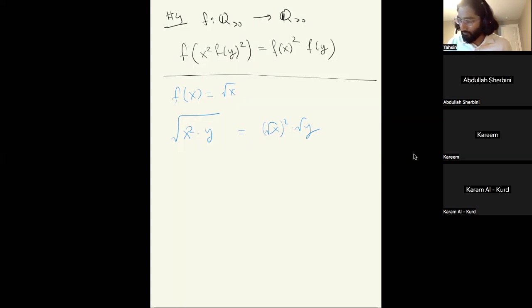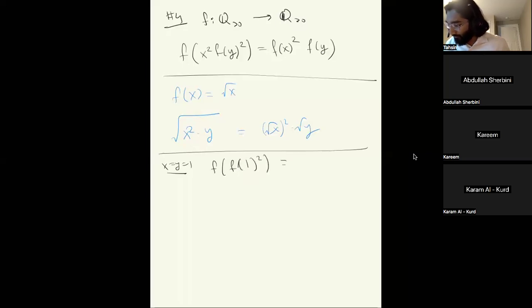For x and y equal to 1, we get f of 1 squared is equal to f of 1 cubed.